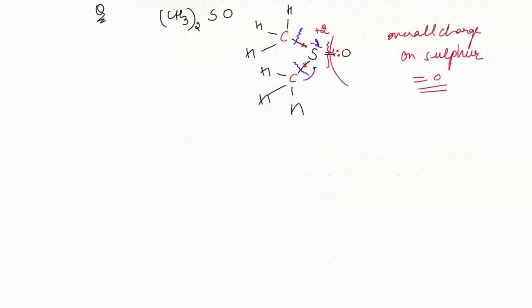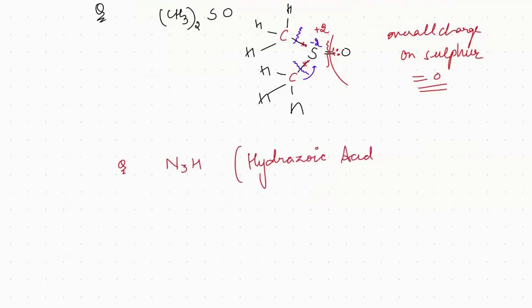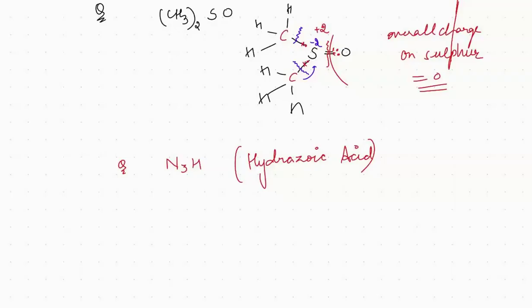Next is N3H. That is called hydrazoic acid. There are 3 nitrogen atoms, right?